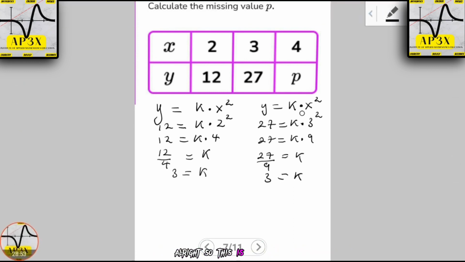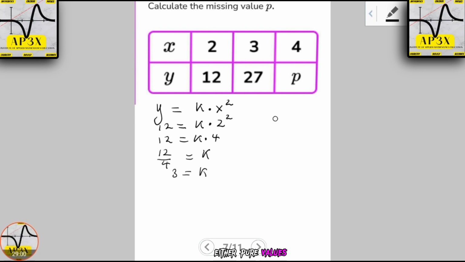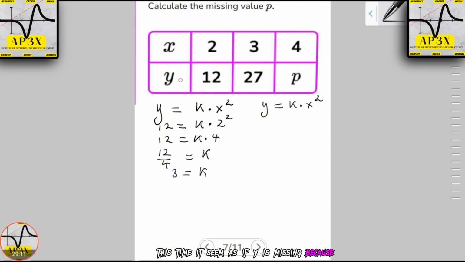Alright, so let's just erase this one here because that was just proof that you could use either pair of values. We're looking for y equals k multiplied by x squared. This time it seems as if y is missing because y has the variable p. So we're going to replace y with p.